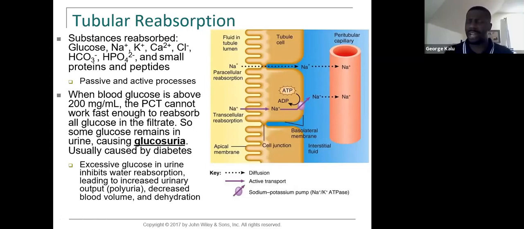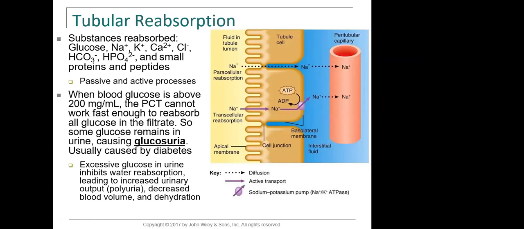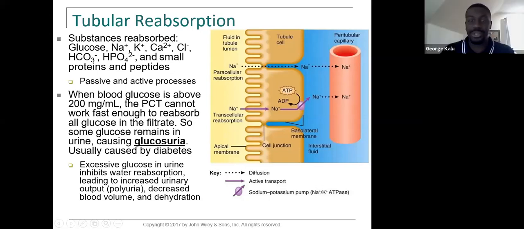So, I don't know if I brought this up last week, but does anyone know how, way back in the day, doctors would test and diagnose diabetes? Anyone know how diabetes used to be diagnosed, a long time ago? No? So what doctors used to do in order to diagnose diabetes is they would actually taste their patient's urine.